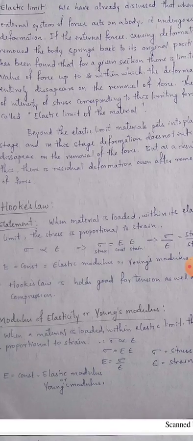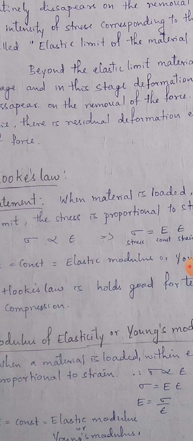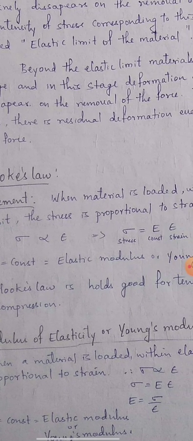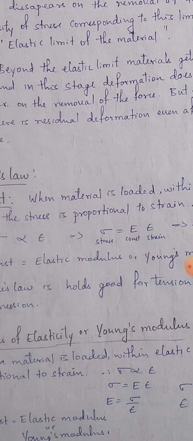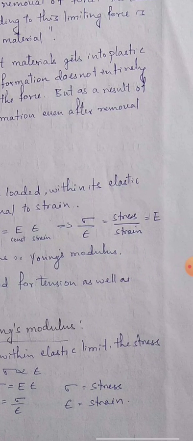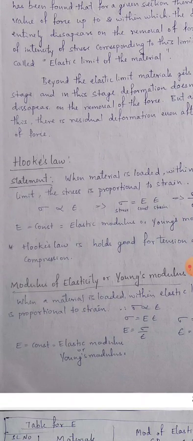According to the law, stress sigma is directly proportional to strain, that is sigma is equal to capital E into epsilon E. The capital E is a constant term, sigma is the stress term and epsilon E is the strain term. Therefore, sigma by epsilon E is equal to capital E, that is stress by strain, which is Young's modulus, elastic modulus, or modulus of elasticity.